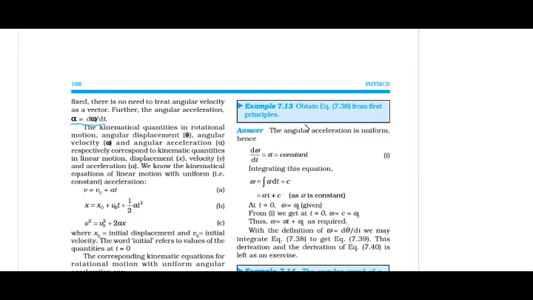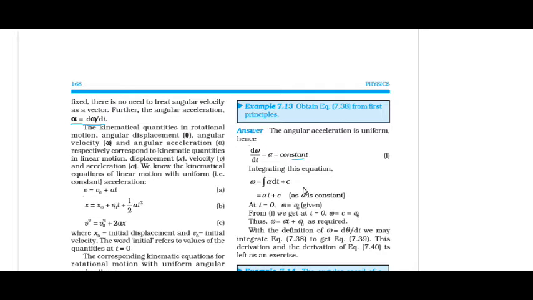So let us see few solved examples. 7.13 obtain equation 7.38 from the first principle. The angular acceleration is uniform, therefore we can write d omega by dt is equal to alpha, that is constant.